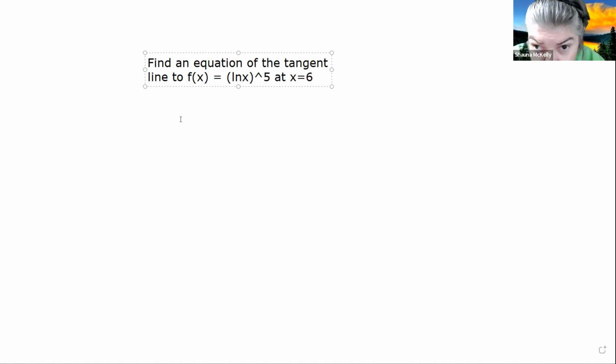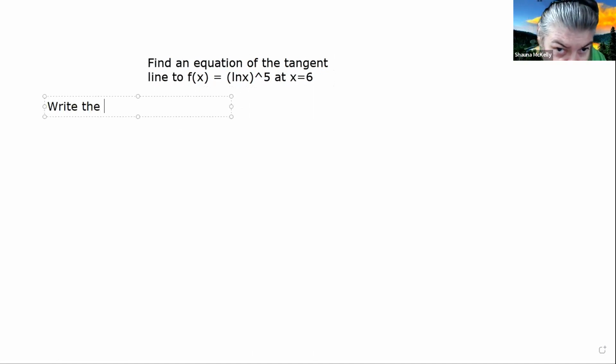Now notice, unlike the other equation that we just did a few minutes ago, they only give me the x coordinate. They don't give me the y. Remember, when I want to write the equation of the tangent line, I need 3 things.